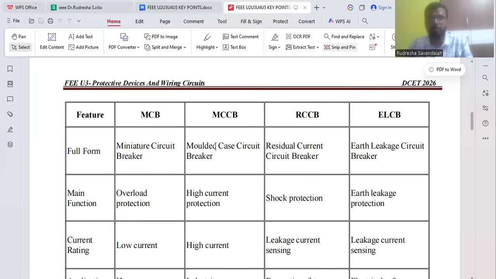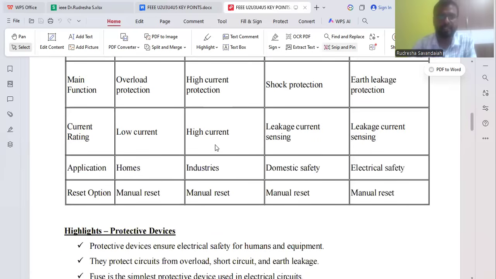Main function: overload protection, high current protection, shock protection, earth leakage protection.